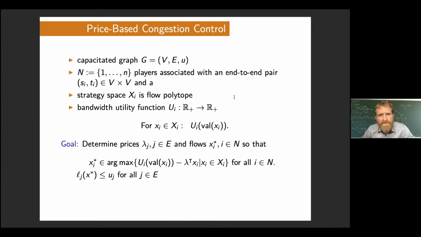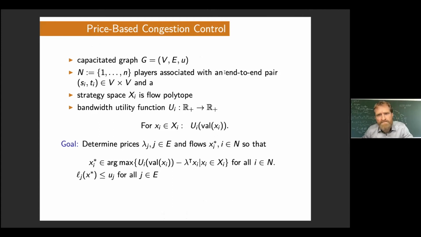Okay, the fourth example, this is now a different application. It's a price-based congestion control. Maybe some of you have seen these mathematical models that try to explain the behavior of TCP/IP protocols that determine the flow rate if you have a download or some application over the internet.